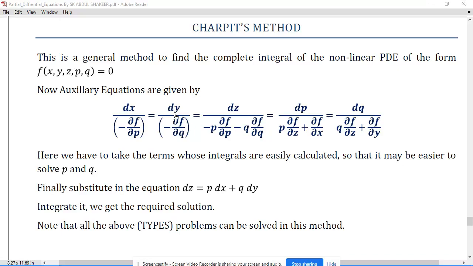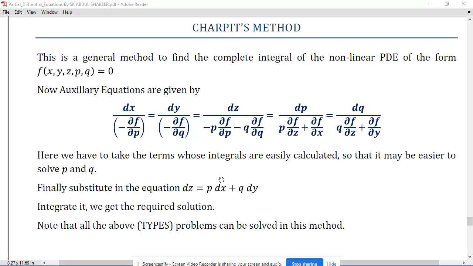So here, using any one of the equations or any one of the fractions are equated so that we can calculate p and q easily. Here we have to take the terms whose integrals are easily calculated so that it may be easier to solve for p and q. So the obtained p and q are in terms of x, y, z.